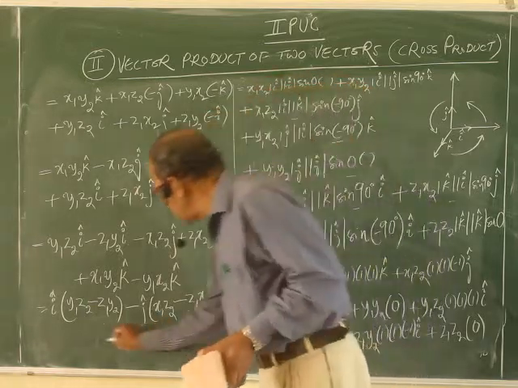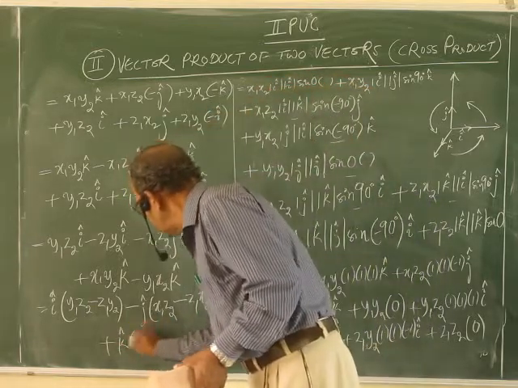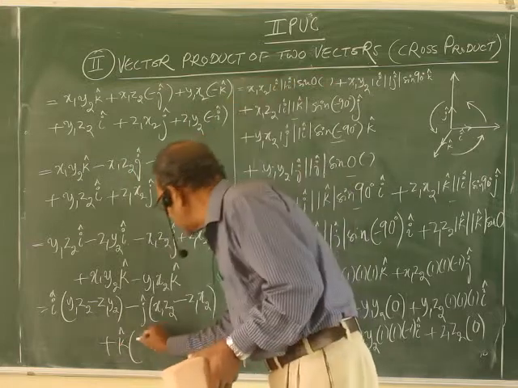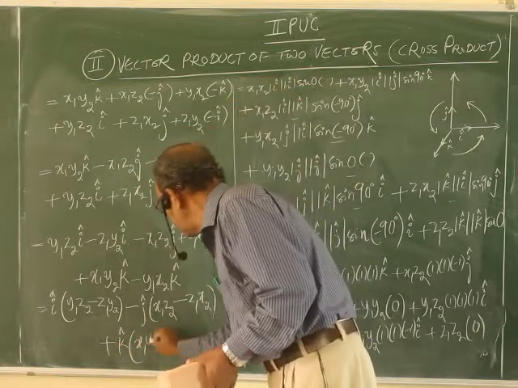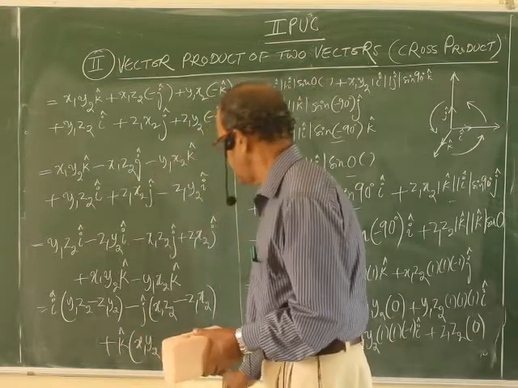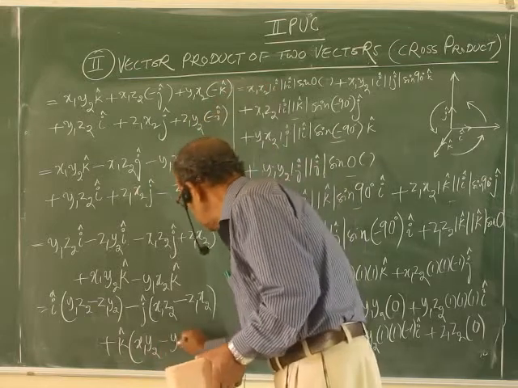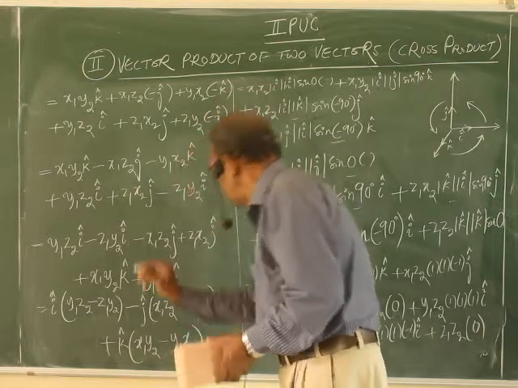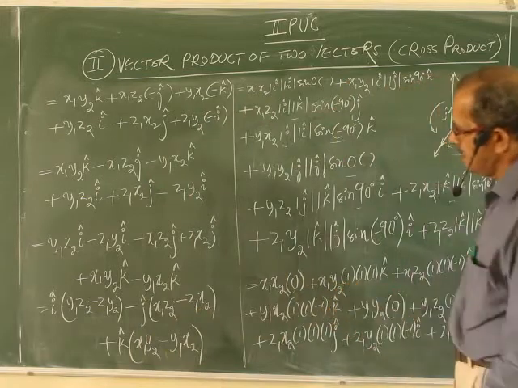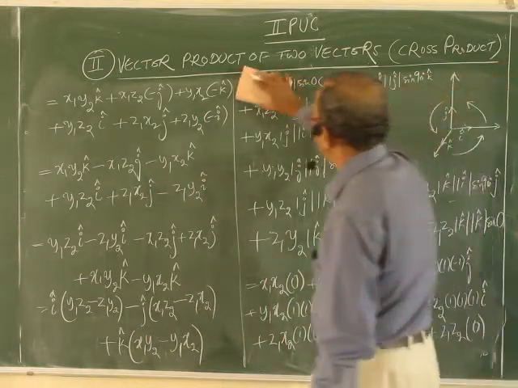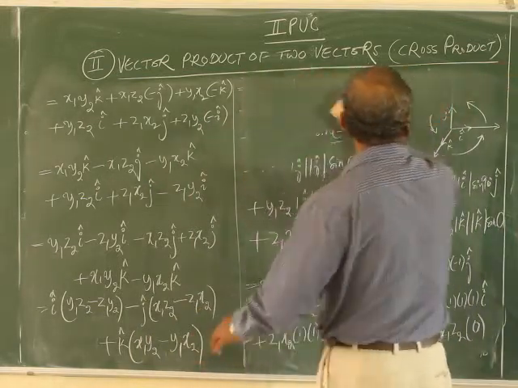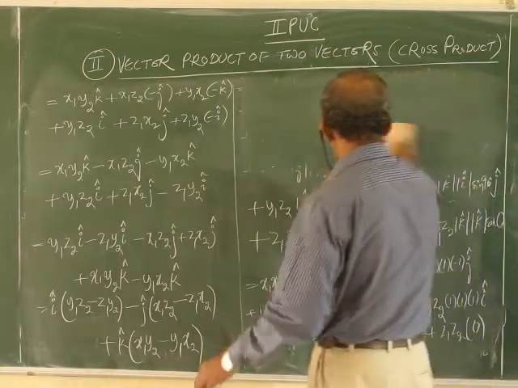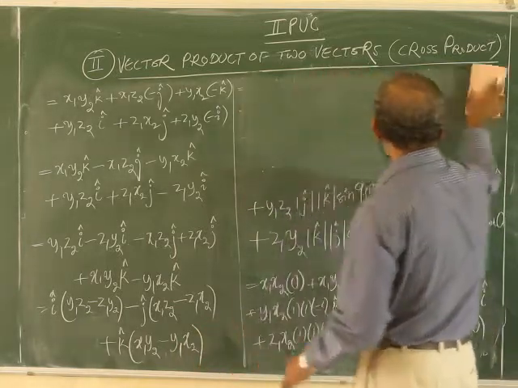Last one, plus k into x1 y2 minus y1 x2, removing I, j, k outside. So remember, this is the formula to find A cross B.